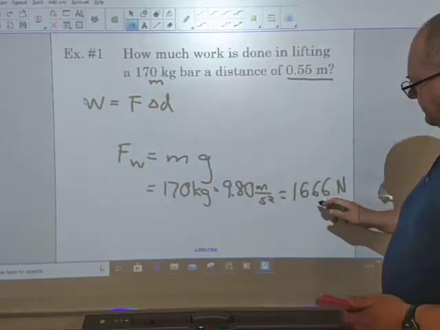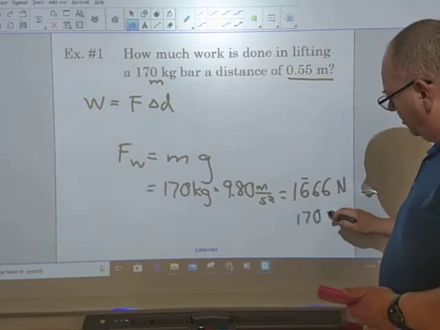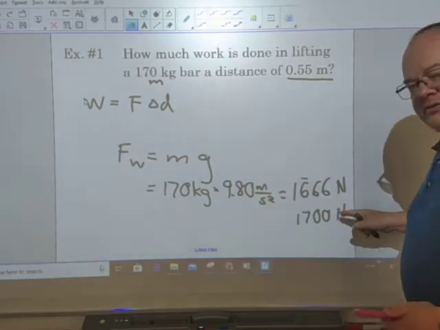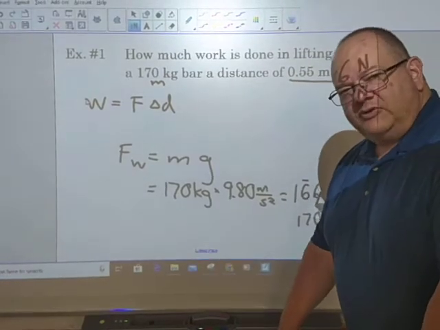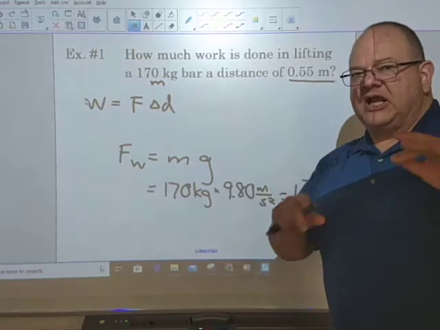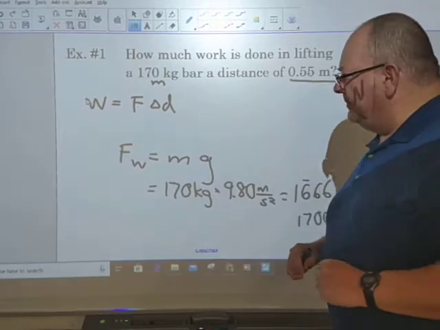That would be 1,700 newtons to 2 sig figs. Look, that's newtons. That's a force. If I'm lifting a bar, I have to exert a force at least equal to the weight of the bar. That's a physics concept that you've got to apply and get ingrained in your head.